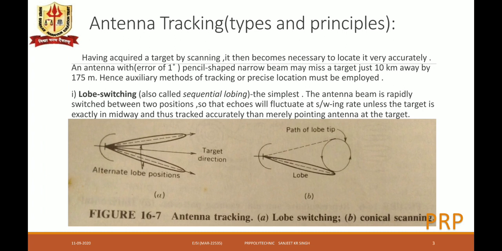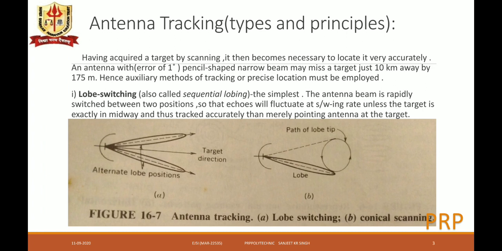so that the echoes will fluctuate at the switching rate unless the target is exactly in midway, and thus it is tracked more accurately than merely pointing the antenna at the target. Just pointing the antenna at the target will not give much detail.